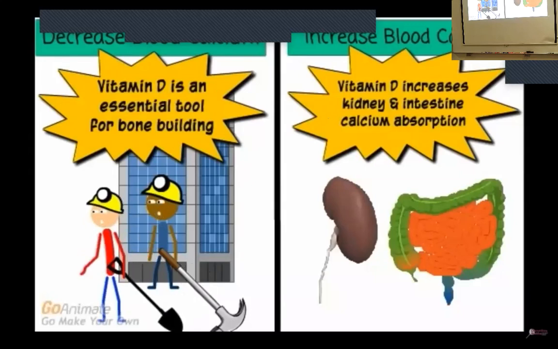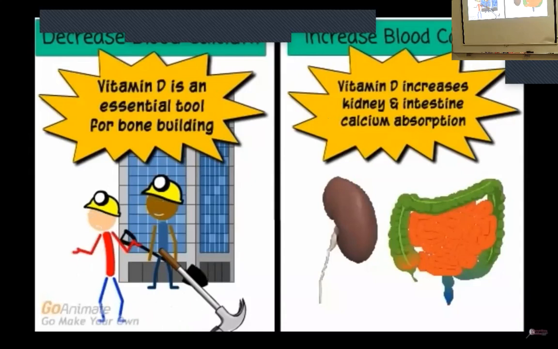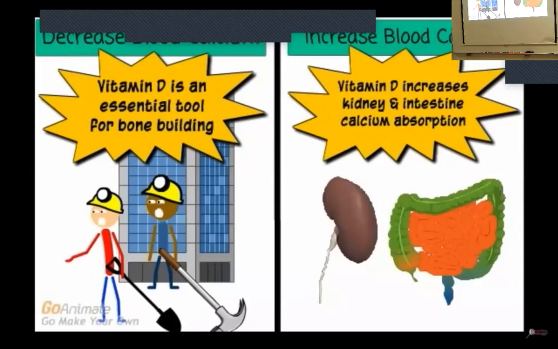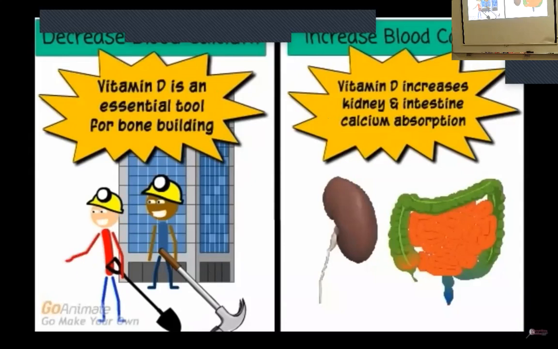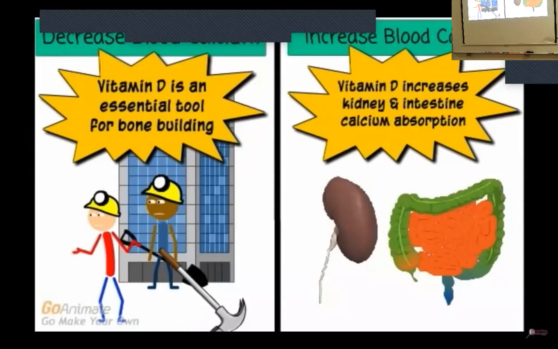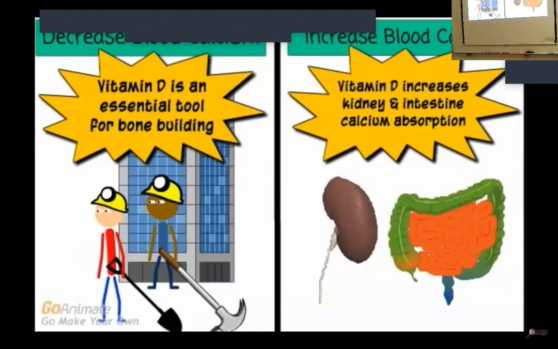And if we recall, bone building involves taking calcium from the bloodstream and using it as the primary material to build bones, thereby decreasing blood calcium levels. But now we also see that another role of vitamin D is to increase kidney and intestine calcium absorption.